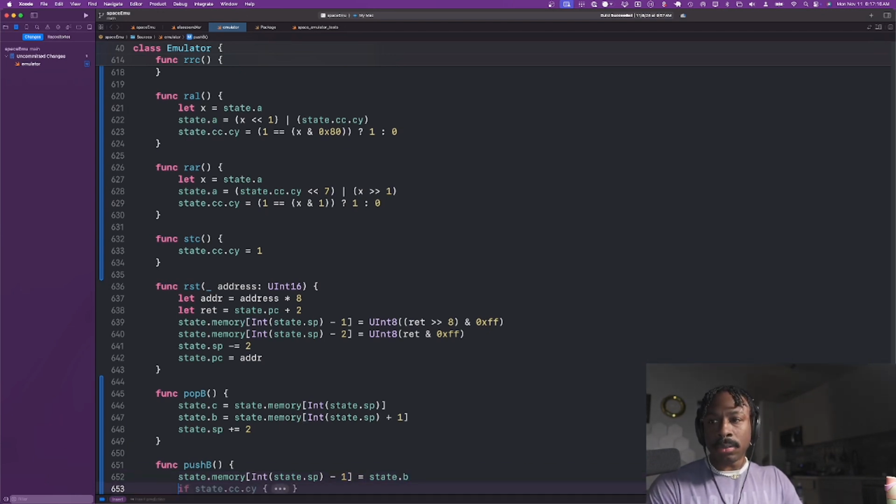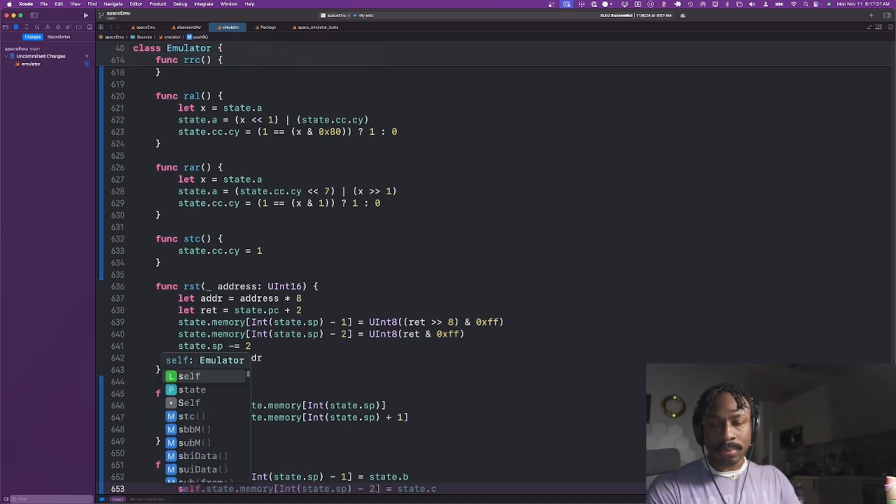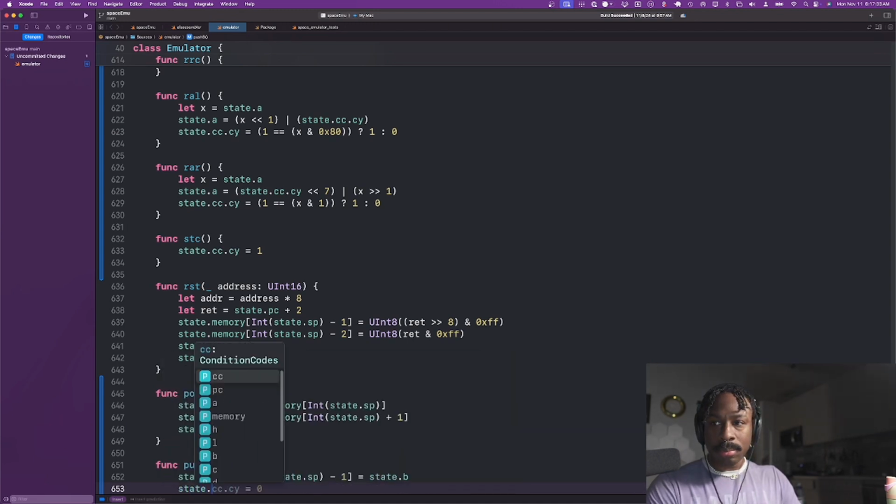We're gonna take B, set it to 1 minus the top of the stack, and then take that memory.